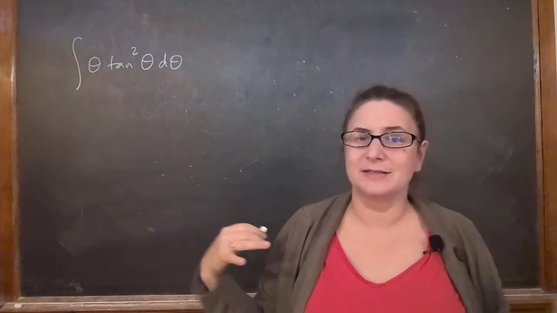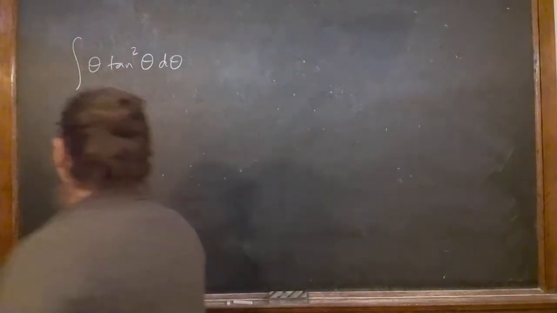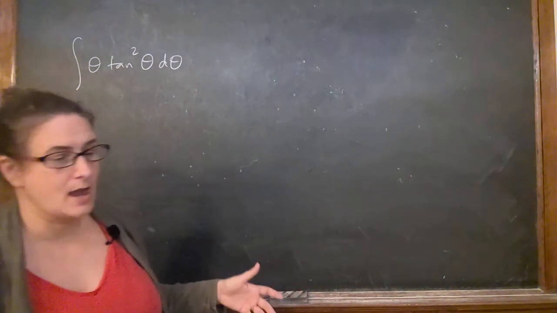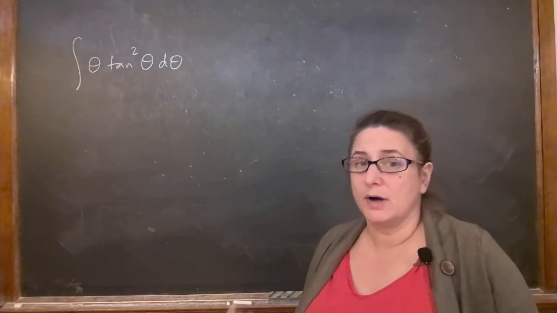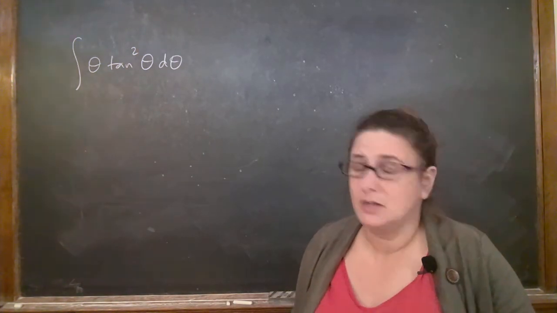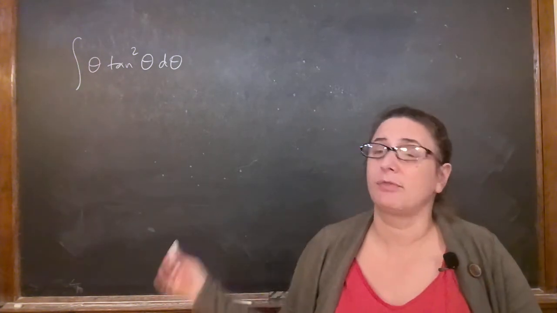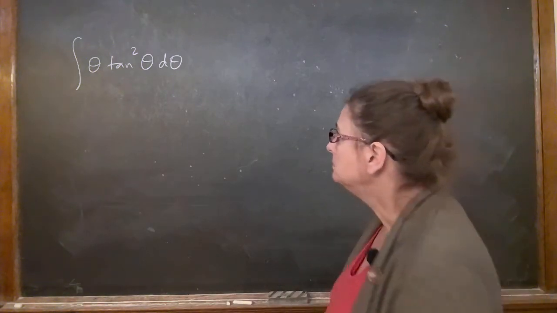So you've got two different kinds of functions, so integration by parts makes sense. But this is a thing that you should do, by the way, when you're thinking about classifying the integral and what is going to be my strategy. If you're going to use integration by parts, before you start barreling through, give it a little thought, right?